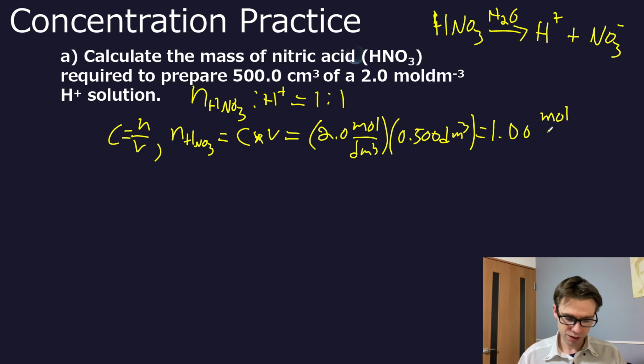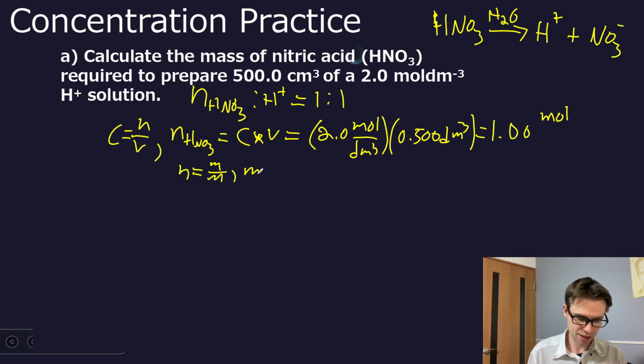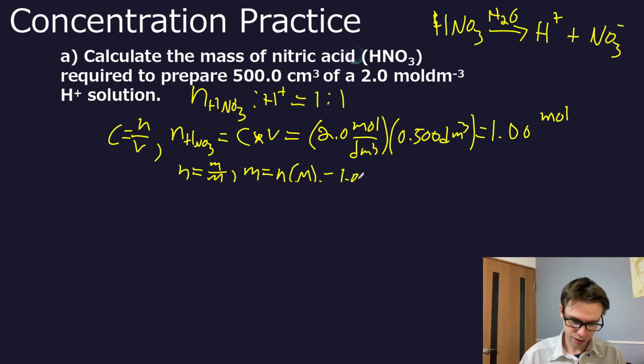Okay, not quite done yet though. This asks what mass would that be. So again, we'll use number of moles equals mass over molar mass, but we want the mass this time. So number of moles times molar mass. We're using exactly 1.00 mole.